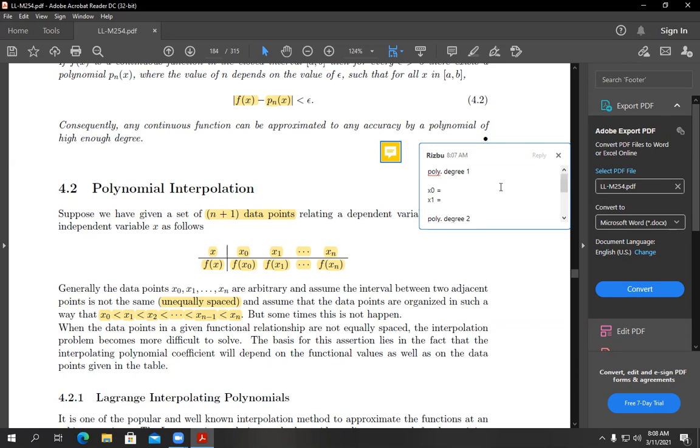Now, if you have degree 1, you need 2 points. Of course, in the exam or in our discussion examples, inshallah, we will see we always have many points, and we have to select only 2 points for degree 1 and 3 points for degree 2.